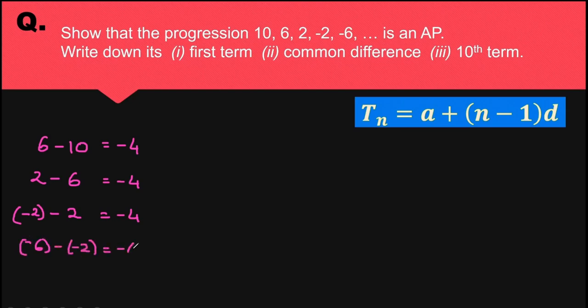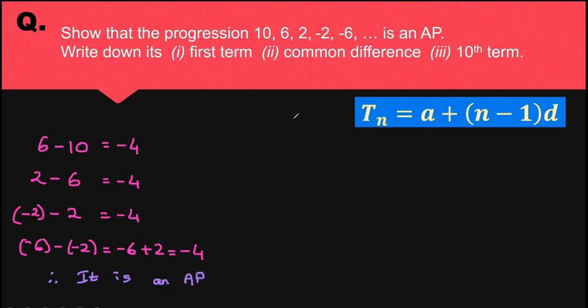So that gives negative 6 plus 2, negative 4. We need to check the pairs of consecutive terms, the next term minus the previous term, for all the given terms. And once we identify the difference is the same, we can say that the given progression is an AP.